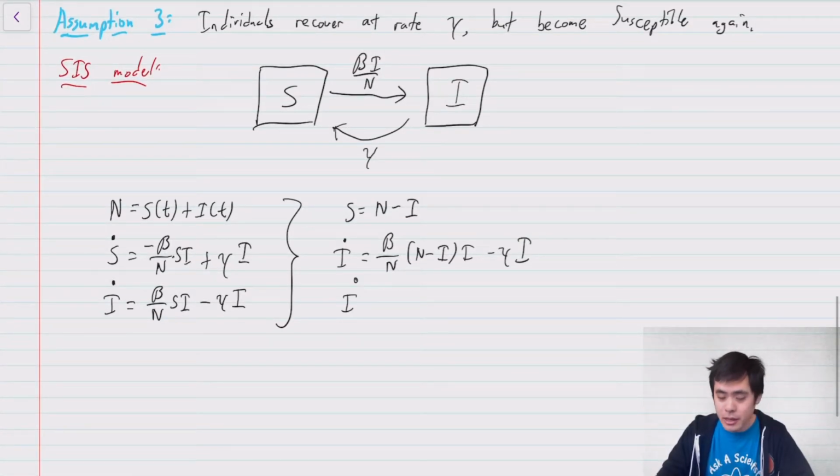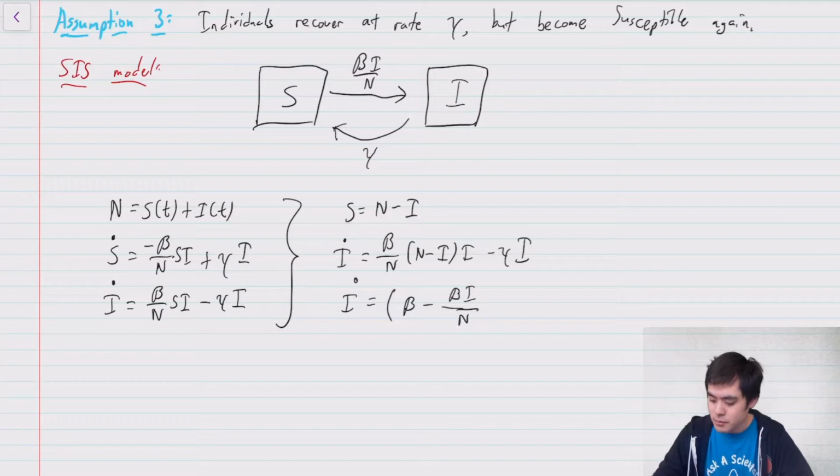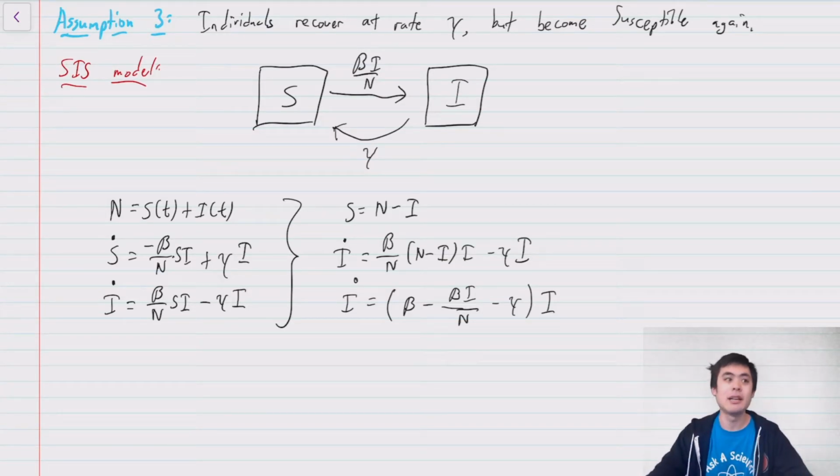And therefore I dot is equal to beta minus beta I over n, minus gamma, times I. So it's basically factoring out the I onto the right-hand side. And now we have a couple different cases here.